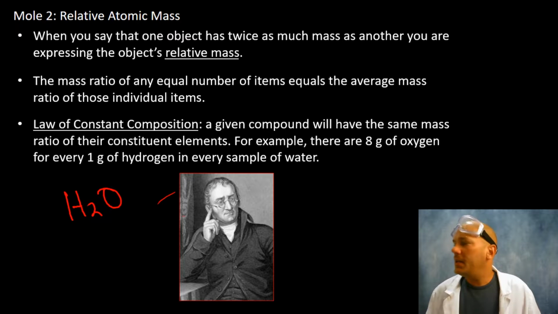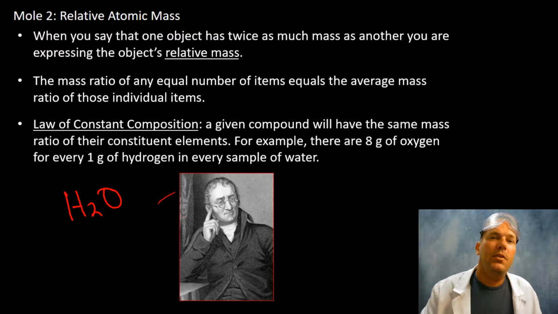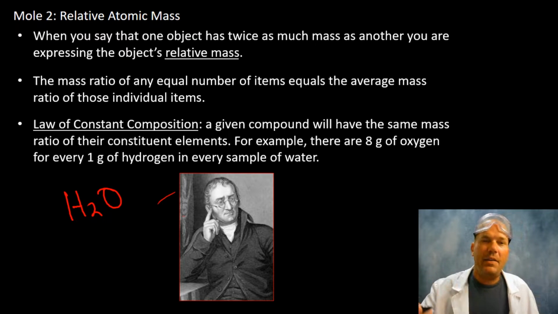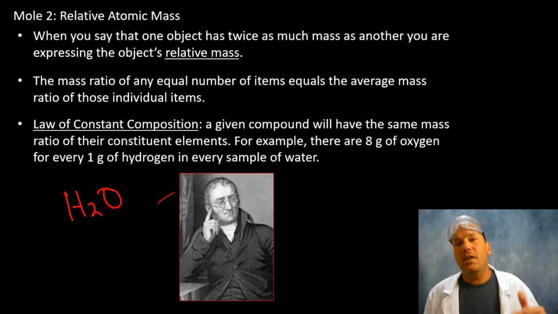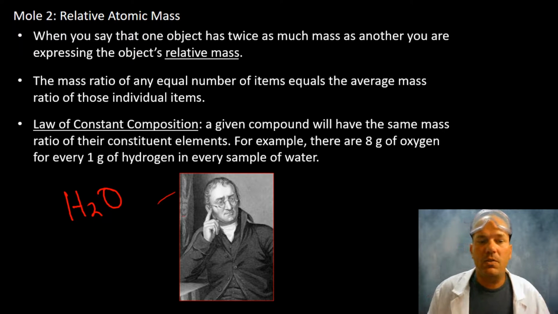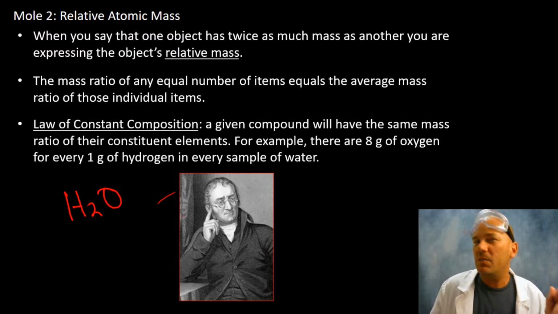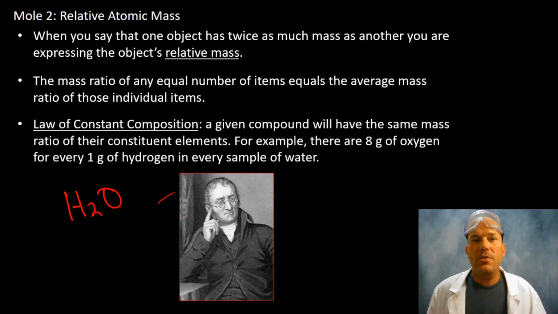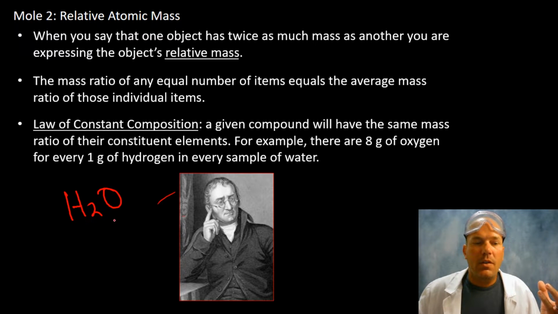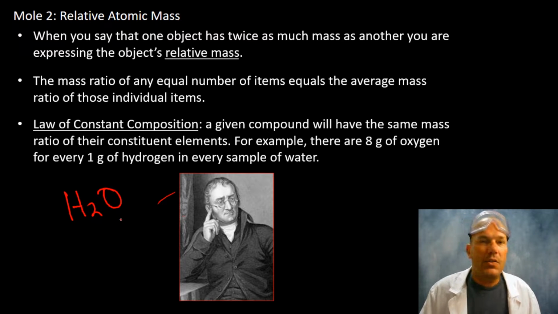If you get your periodic table out and look at the units on the bottom, the unified atomic mass units, which I'm going to talk about in this podcast, you're going to see 16.00 for oxygen and 1.001 for hydrogen. If you were to simplify that, for every one of these there would be not 16 but 8 grams. And if you're not following that totally, it's okay, because I'm going to expound on that idea throughout this podcast.